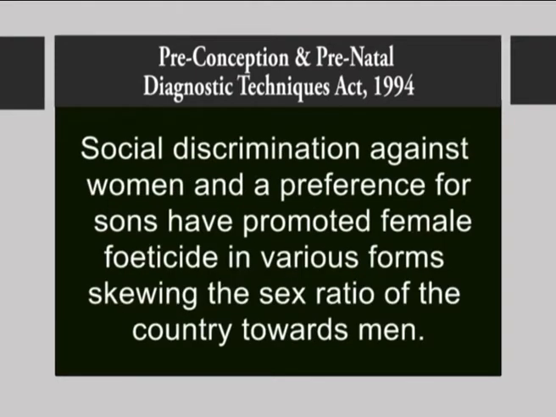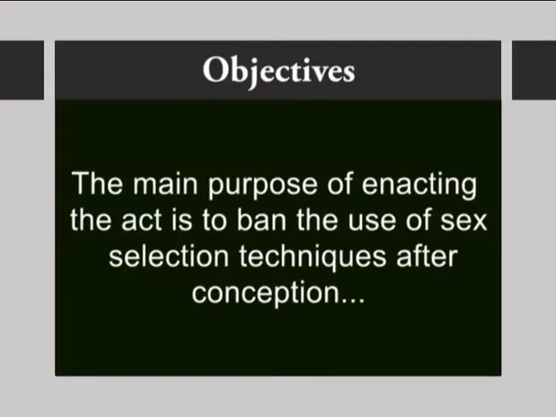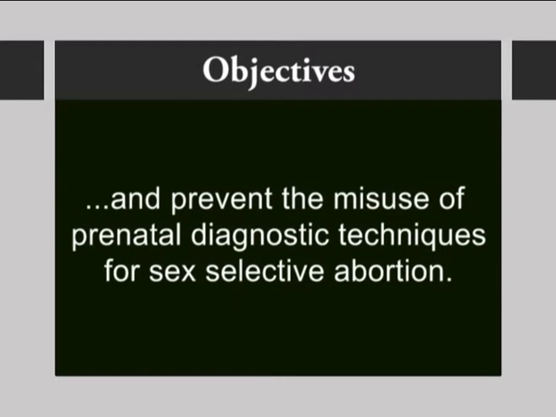Social discrimination against women and a preference for sons have promoted female feticide in various forms, skewing the sex ratio of the country towards men. Objectives: the main purpose of enacting this act is to ban the use of sex selection techniques after conception and prevent the misuse of prenatal diagnostic techniques for sex selective abortion.